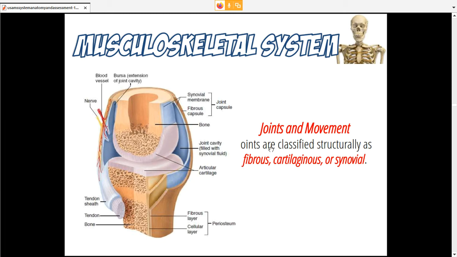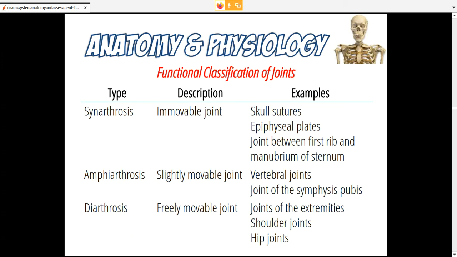The joints are classified structurally into three different types: fibrous joints, cartilaginous joints, and synovial joints. Coming to the functional classification: synarthrosis, amphiarthrosis, and diarthrosis. Synarthrosis means immovable joints.